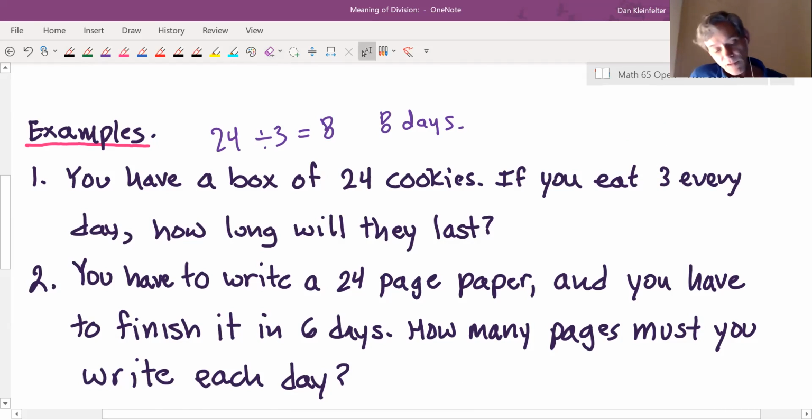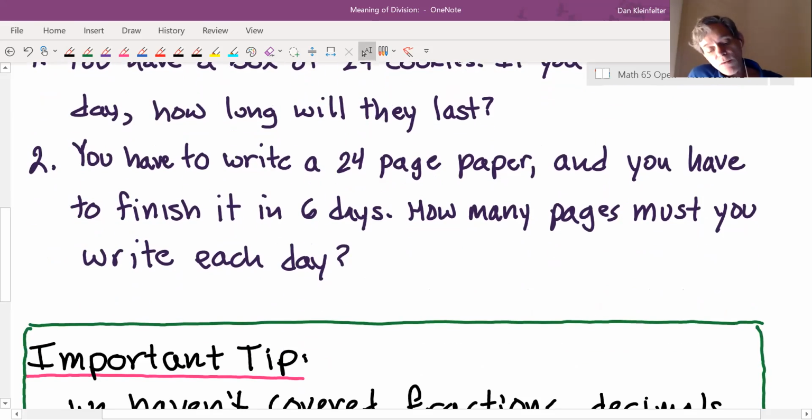Okay, suppose that you have to write a 24-page paper and you have to finish it in 6 days. Okay, how many pages must you write each day? So again, we're going to assume that you're going to write the same amount each day. So you have a whole amount, this 24-page paper, and you're going to split it into 6 piles.